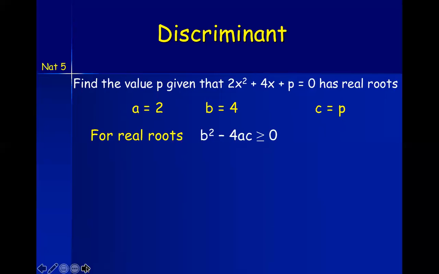So we need to solve this. So how do we solve 16 minus 8P is greater than or equal to 0? So the way I would do it, you can say, okay, I've got negative 8P is greater than or equal to negative 16. So in this case, what they've done is they've taken away 16 from each side.